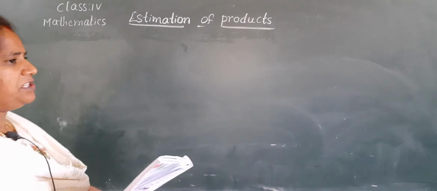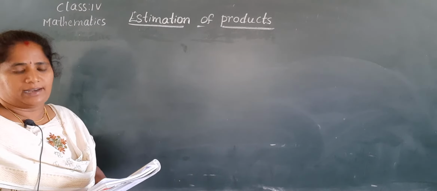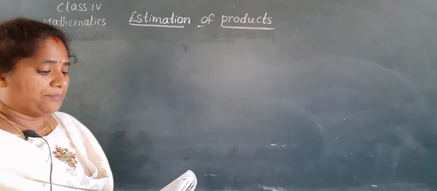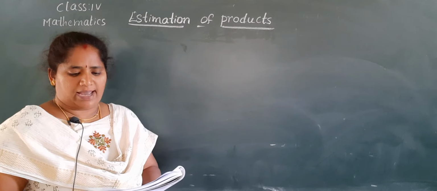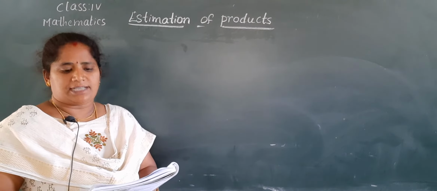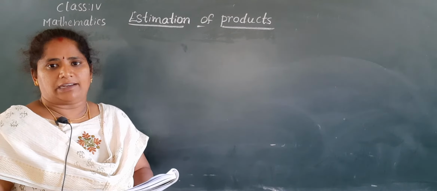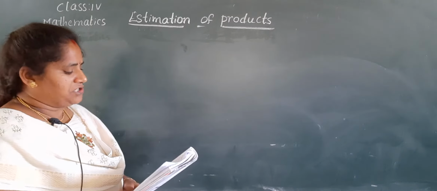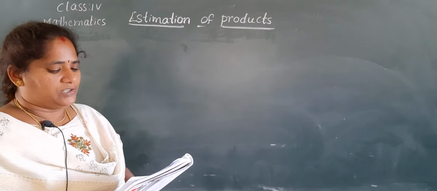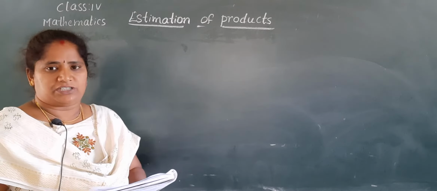See children, estimation means giving an approximate value. So estimation is an approximate calculation of quantity or value. Estimation of sums, differences and the products of two or more given numbers helps in quick calculation. Mental verification of calculations can also be done with the help of estimation.